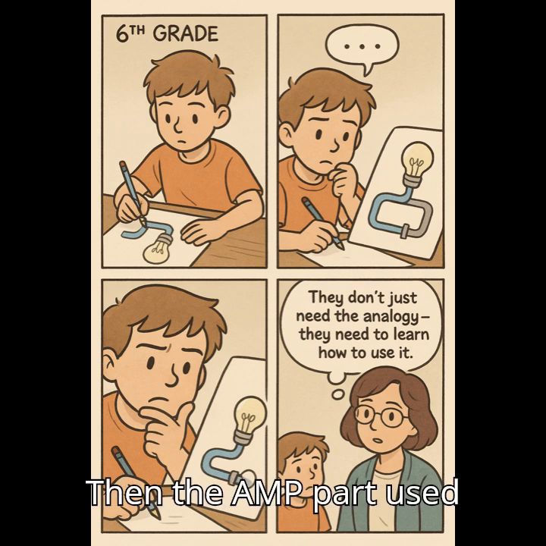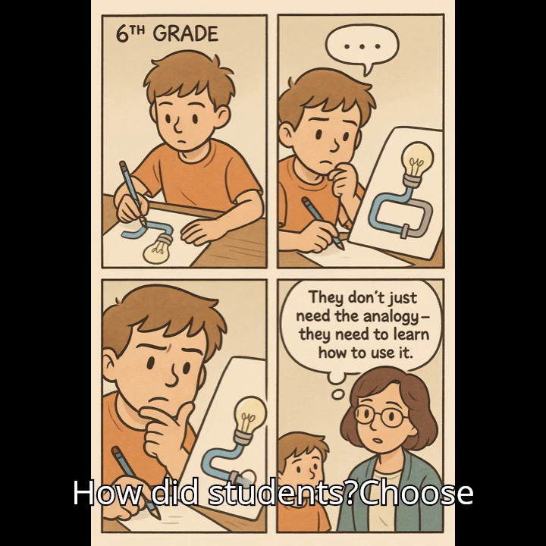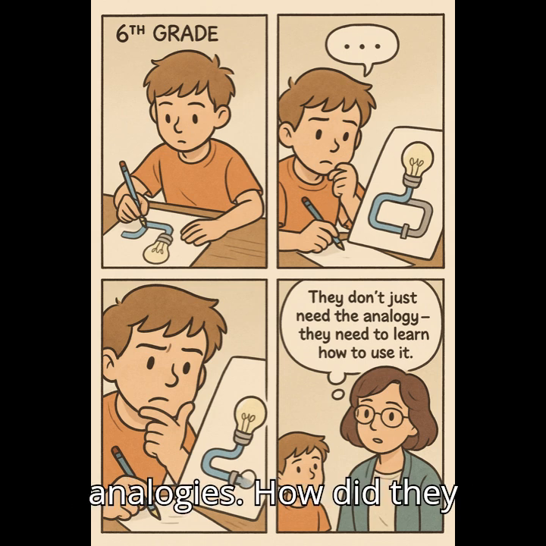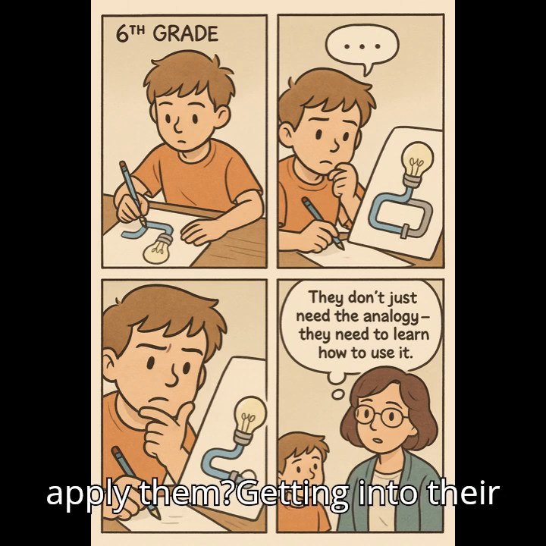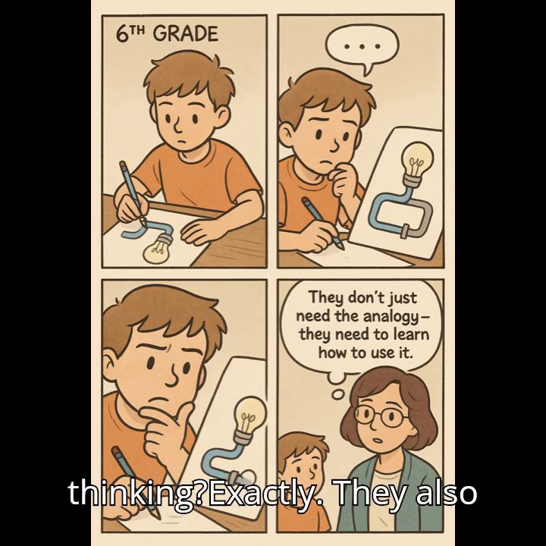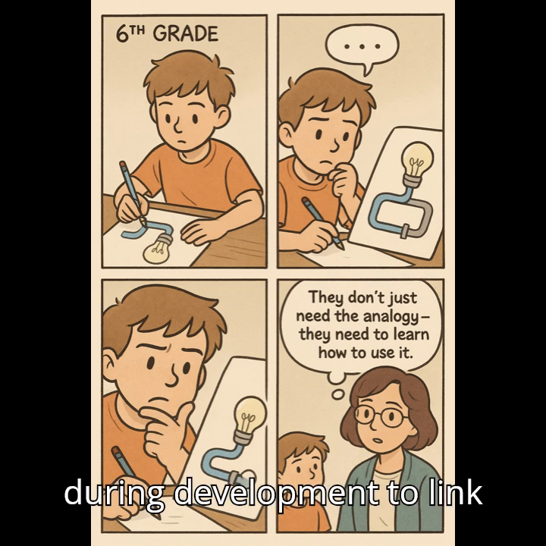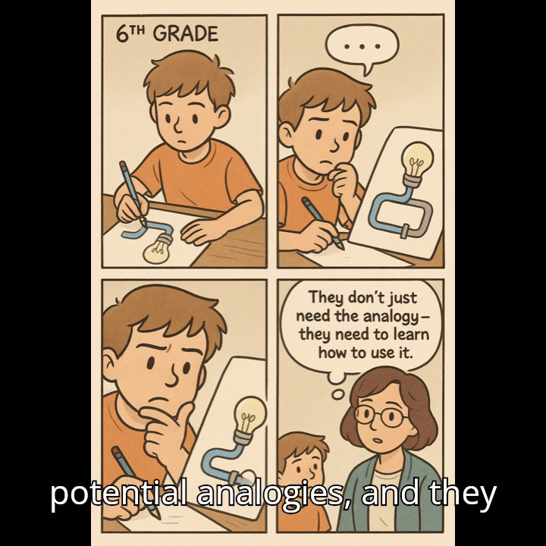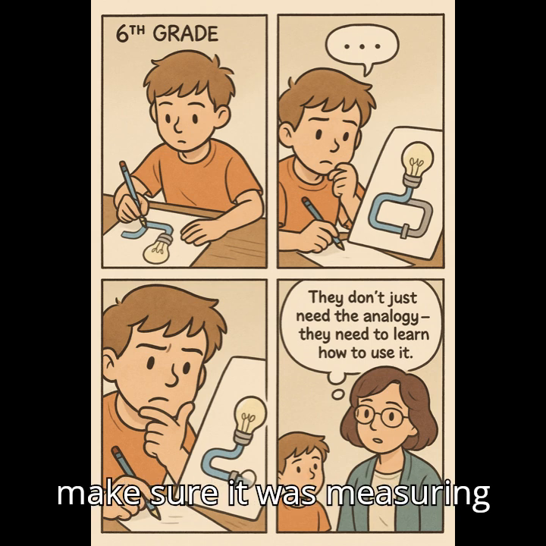Then the AMP part used open-ended questions. These really probed the process. How did students choose analogies? How did they compare them? Did they see the limitations? How did they apply them? Getting into their thinking. Exactly. They also used things like concept maps during development to link electricity concepts and potential analogies, and they validated it statistically to make sure it was measuring what they intended.